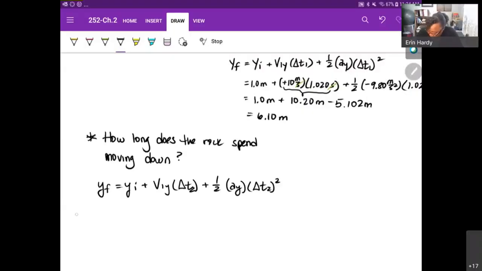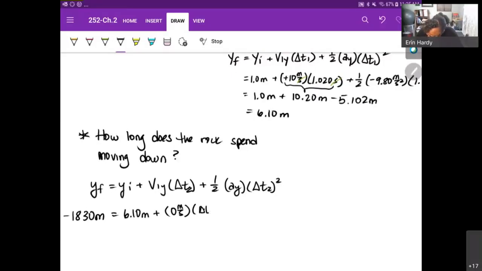Y final is going to be the bottom of the canyon, so negative 1,830 meters. Y initial is going to be the highest point, so 6.10 meters. The initial v y for this section is going to be 0 because we have learned everything that we care about for the first part of the problem, from the moment when the rock leaves your hand to the point where it stops moving up.